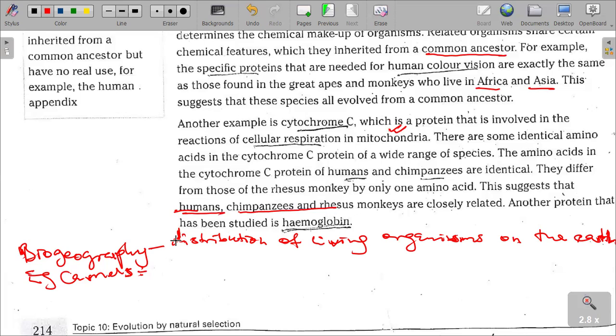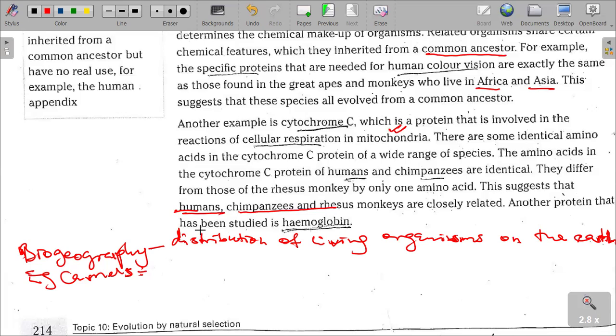As they reached their destinations, they evolved differently, and evolved adaptations that suited them for that particular environment where they were living. The adaptation each of the camels went through was a good adaptation to the environment in which they found themselves.